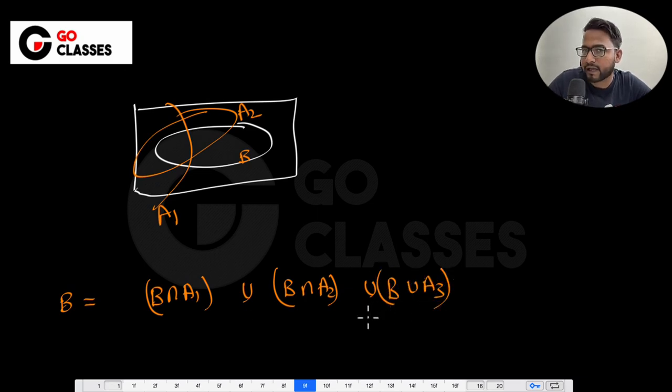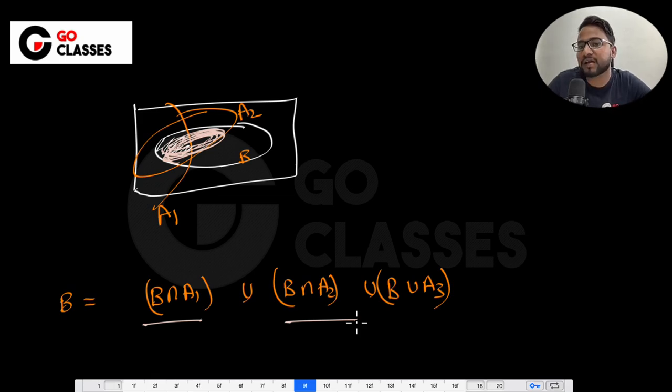If you check, B intersection A1 is this part, and B intersection A2 is this complete part. So basically these two events, B intersection A1 and B intersection A2, are not disjoint here. So can you not write like this? No, I'm not saying that you cannot write like this.